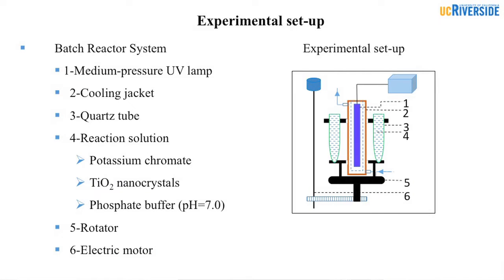On the left-hand side, the TEM image shows the morphology of the nanoparticles. I know it's not very clear, but it's very small, only 5 to 10 nanometers. And we do XRD to get the composition of the catalyst. All the different diffraction peaks can be indexed to anatase titanium dioxide.